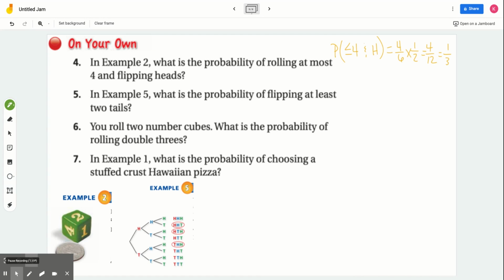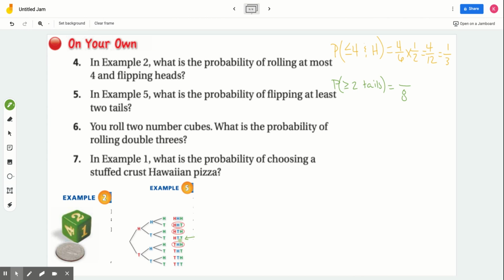Now in example 5, what is the probability of flipping at least 2 tails? So the probability of at least, so greater than or equal to 2 tails, is equal to, we know that from this tree diagram, there are 8 possible outcomes. How many of those have at least 2 tails? Let's look at which ones have 2 tails.